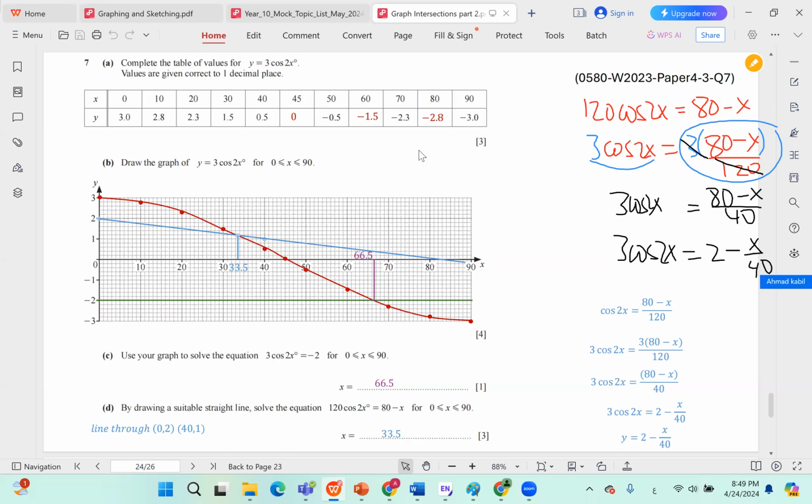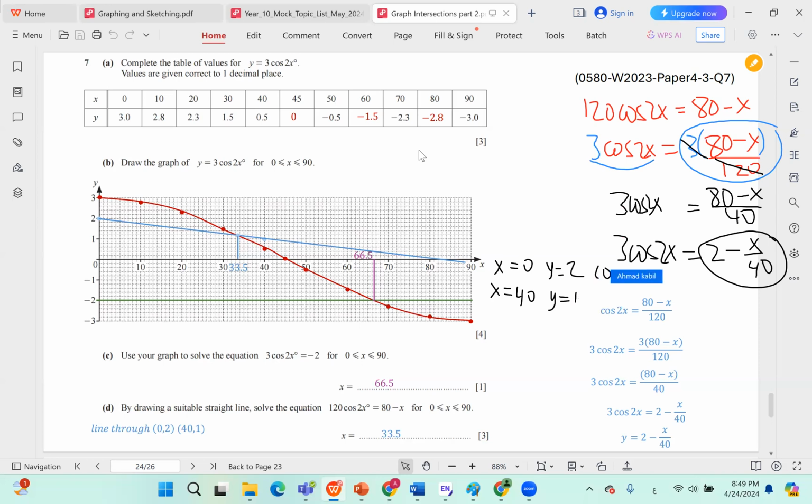So now we just want to graph this line. Put x as 0, and then maybe put x as 40. If x is 0, y is 2 minus 0, which is 2. If x is 40, y is 2 minus 40 over 40, which is 2 minus 1, which is 1.